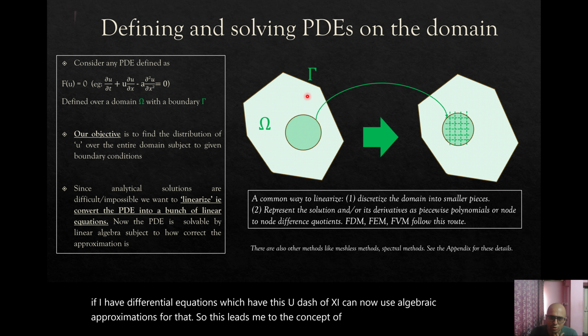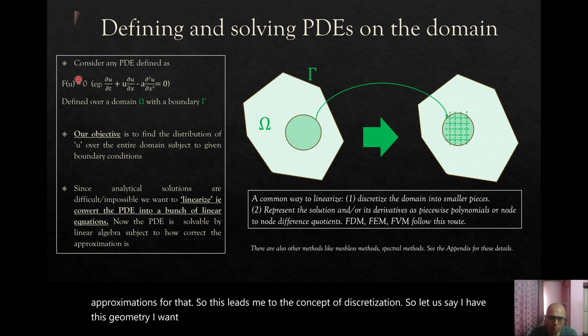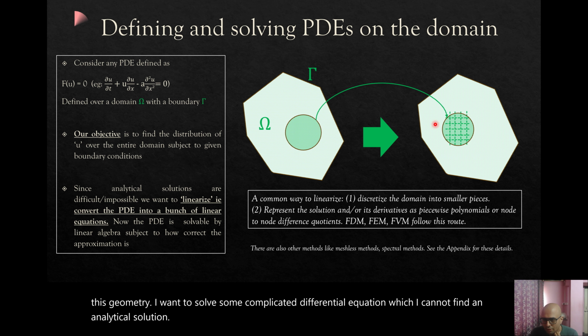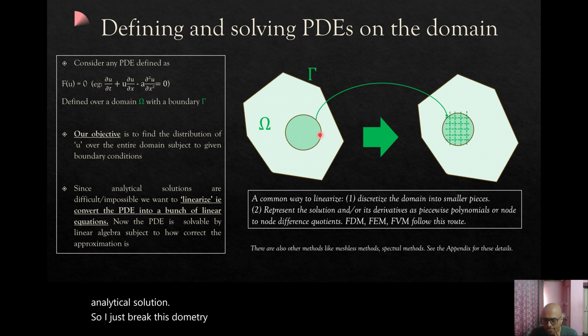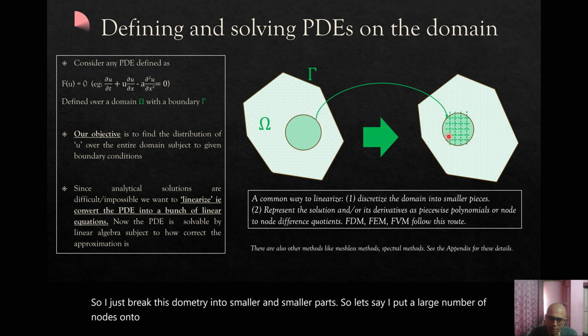So let's say I have this geometry. I want to solve some complicated differential equation for which I cannot find an analytical solution. So I just break this geometry into smaller and smaller parts. Let's say I put a large number of nodes onto this geometry. The more nodes I put in, the smaller the distance between those nodes, the better the approximation I have.